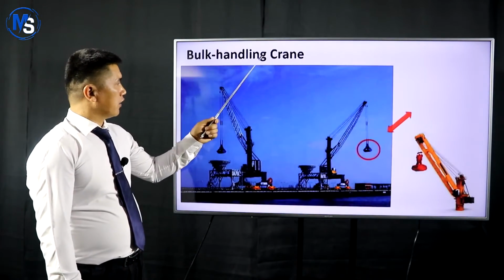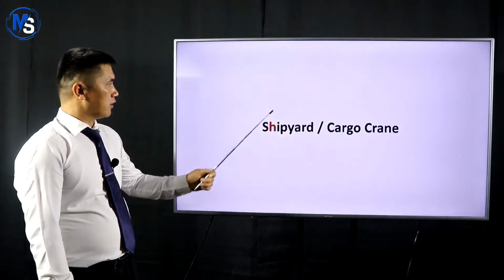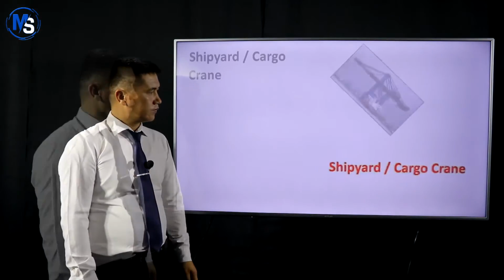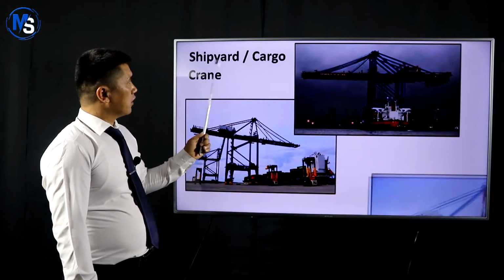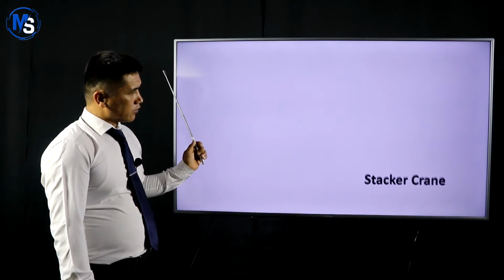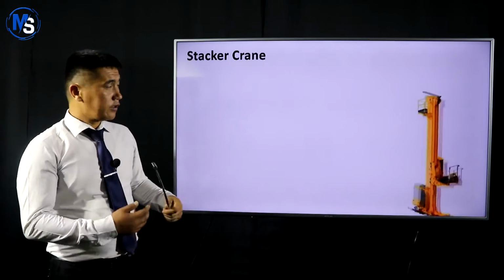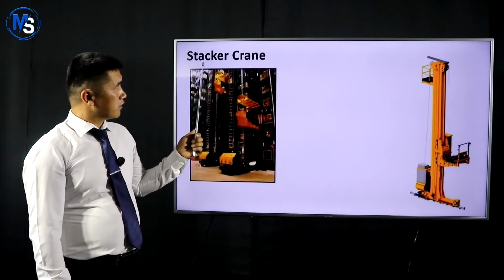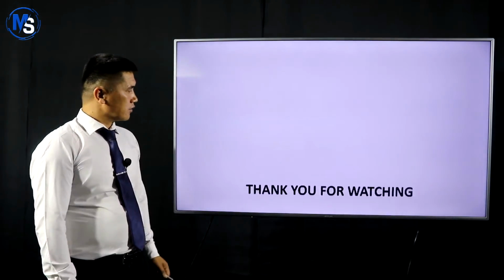Bulk handling crane is used in the construction industry, especially in the countryside. Okay. The next one is the shipyard cargo crane. It's used to carry heavy things, and the next one is the stacker crane. It's used for construction sites.